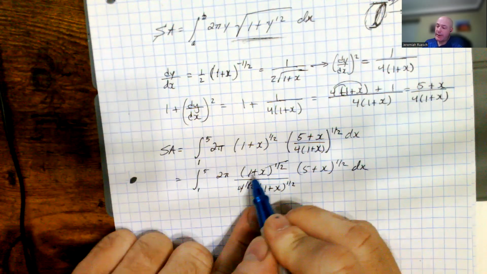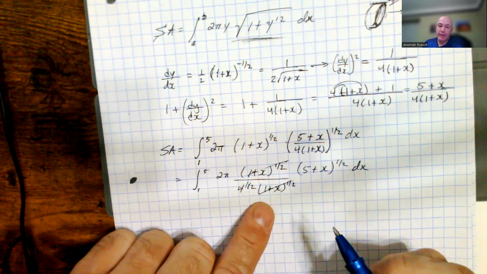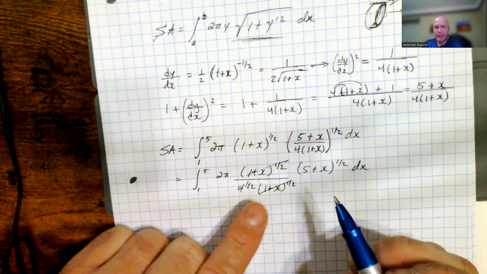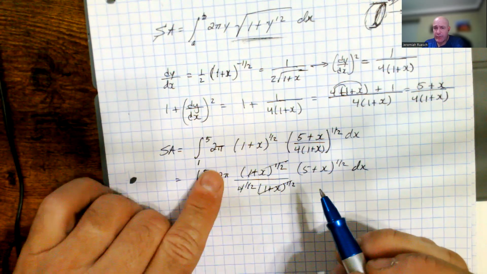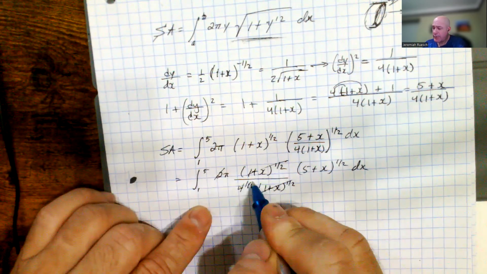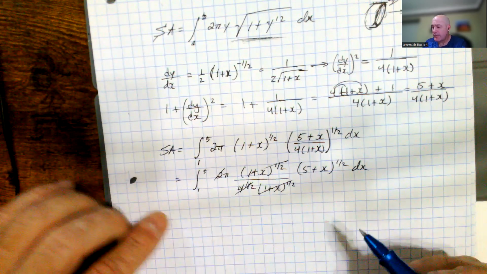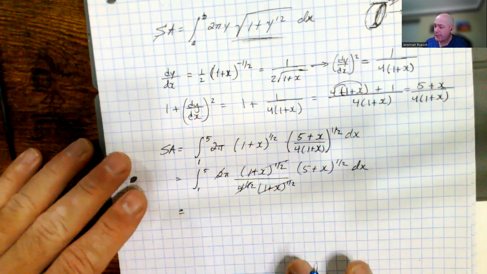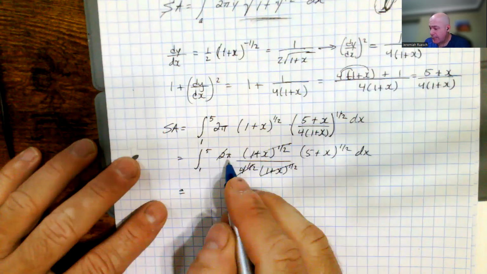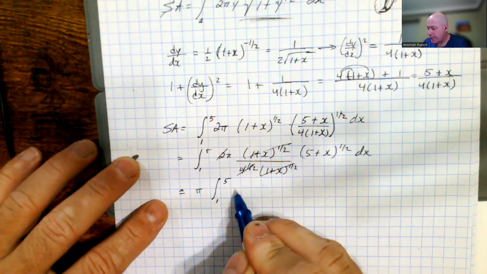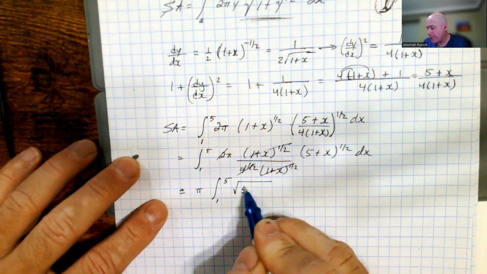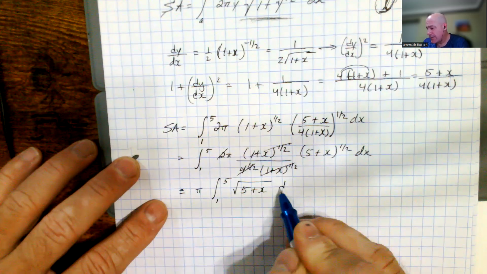So this (1 plus x) to the 1/2 and this (1 plus x) to the 1/2 are going to reduce to 1. And then this is the square root of 4, which is 2. So the 2 and the 2 are also going to reduce to 1, which greatly simplifies this integral to, the pi can come out now, pi times the integral from 1 to 5 of the square root of 5 plus x dx.